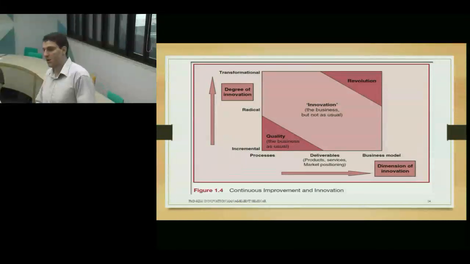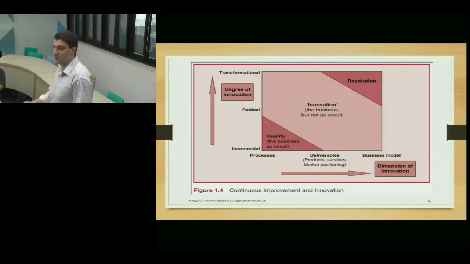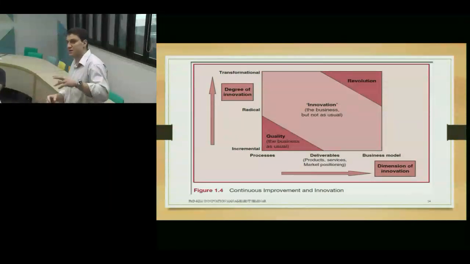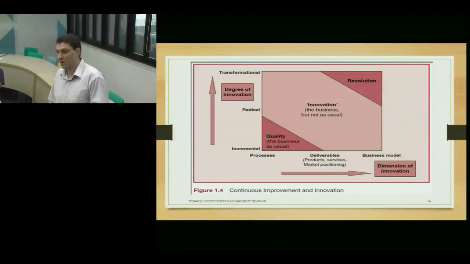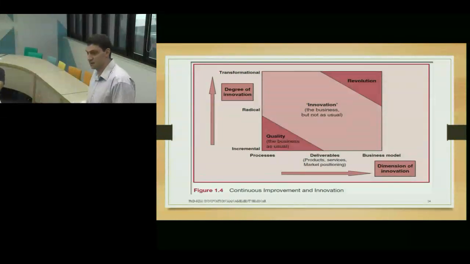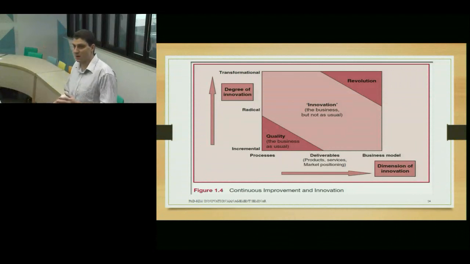So on the dimension side, we have the processes, the deliverables, and the business model, organizational innovation. On the other hand, we have incremental, radical, and transformational. So, at the bottom left, we have incremental innovation in processes. So that is about quality, how to improve quality of business or products.